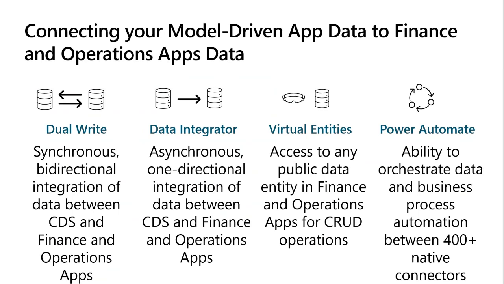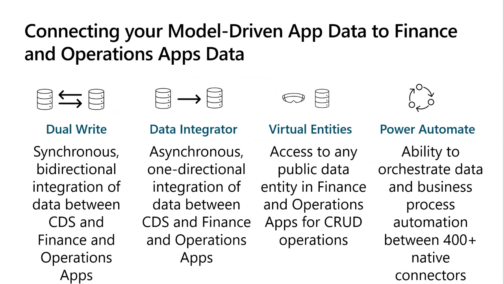And the last option is to use Power Automate. So in addition to using your finance and operations data, which we have a native connector for, there are 400 plus connectors available, and that number gets bigger every week, every month, with Power Automate that allow you to connect to all sorts of other data sources.